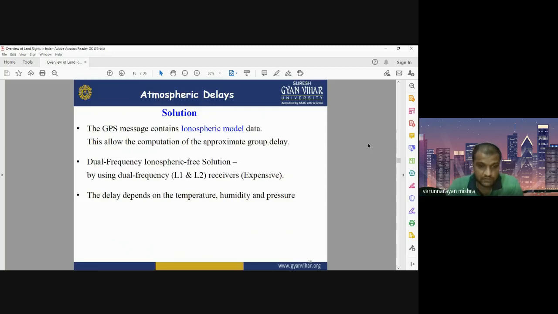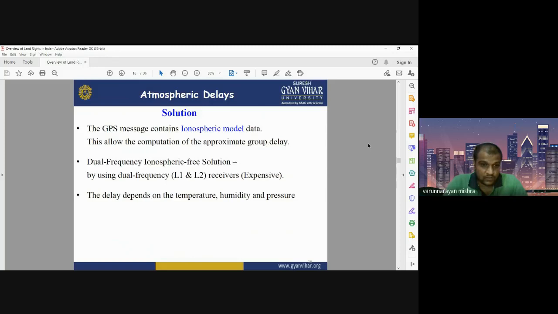Dual frequency receivers have two frequencies at different wavelengths, that is L1 and L2. So we can average the incoming signals to get better accuracy. With only a single frequency, it is highly affected. But when we use two frequencies, we can take the average of these two to get better accuracy and to reduce the ionospheric effects.